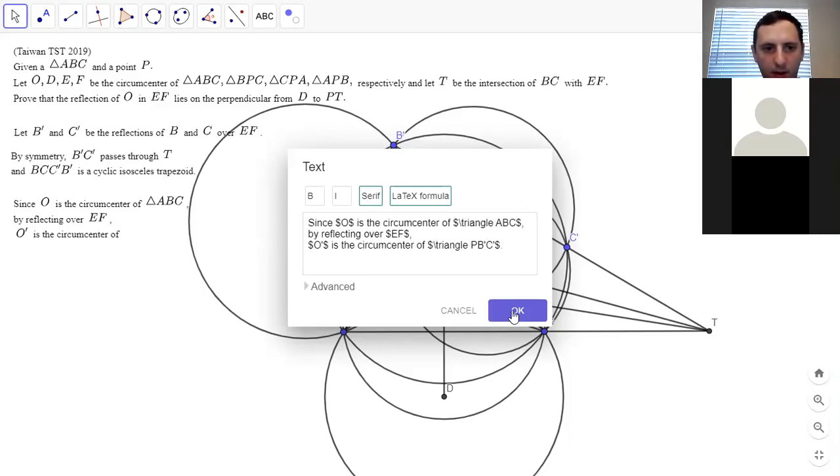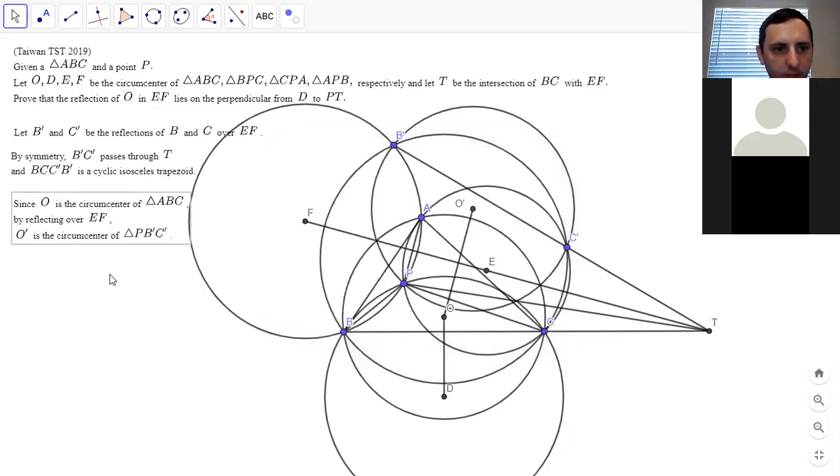And then by the radical axis theorem, PT is the radical axis of those two circles.